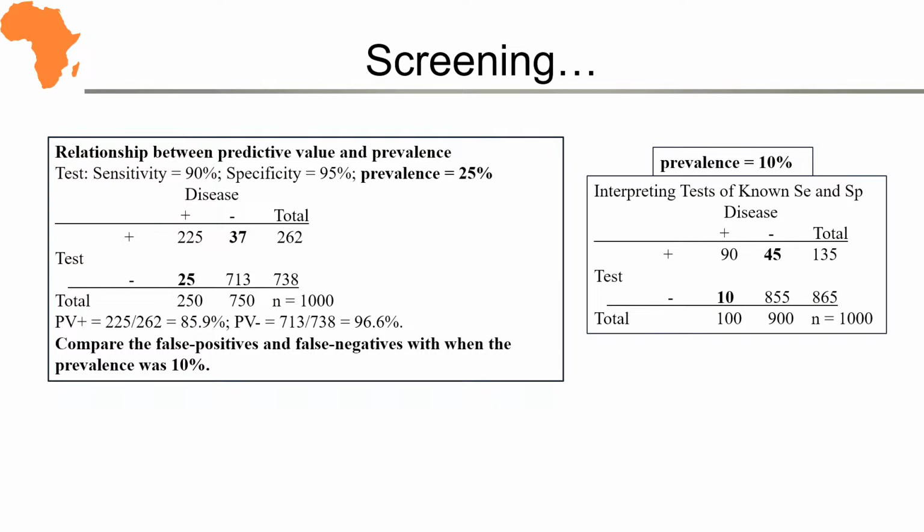And the NPV? The NPV is what, and over what? 855 over 865. Good. Which is what? 99.